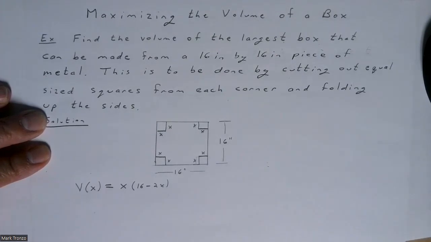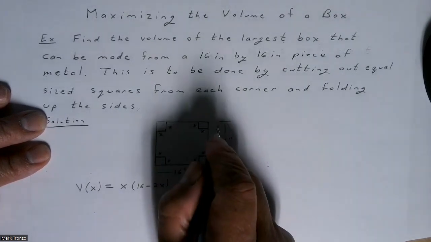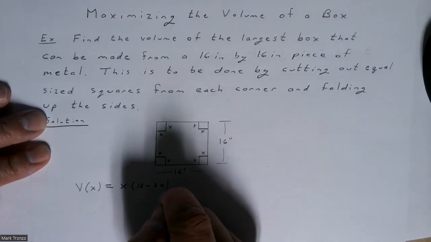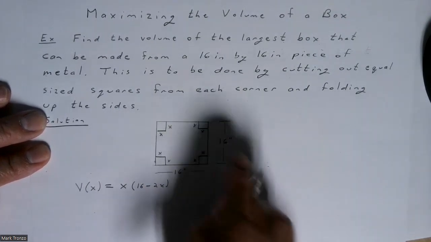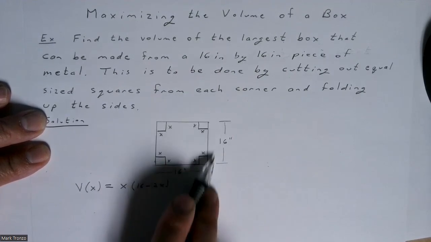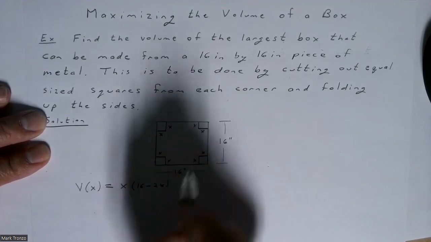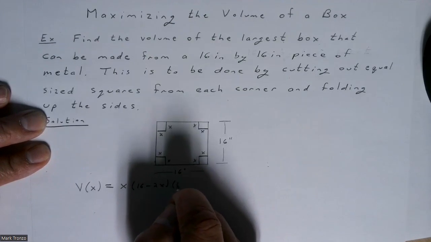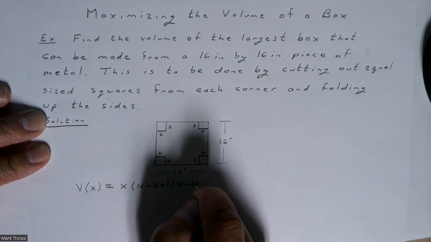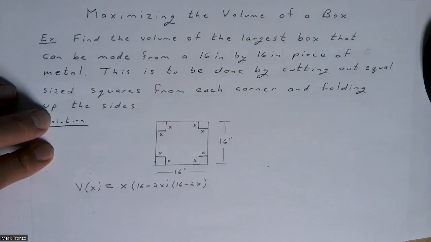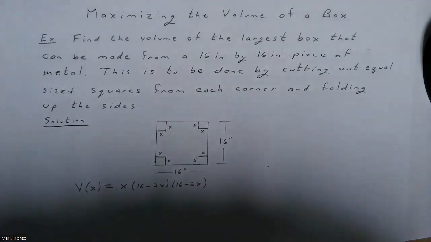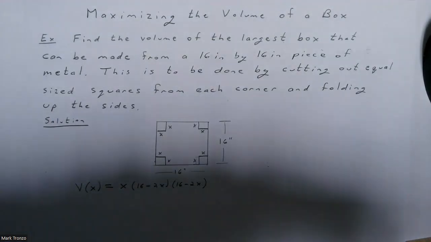And then also for the depth or length, whatever you call it, like say over here, it's going to be 16 minus x minus x, or same thing, 16 minus 2x. So the volume will be in that form.